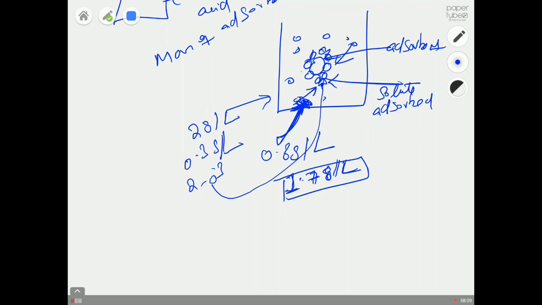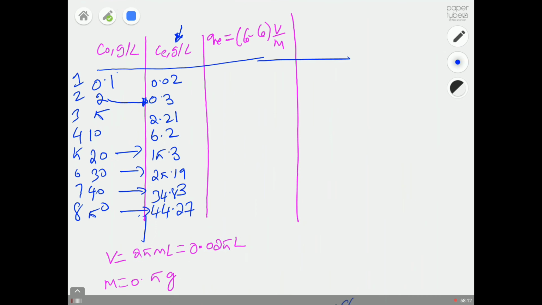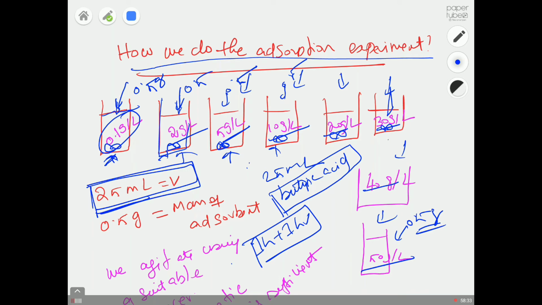Then what we need to calculate is the amount adsorbed. I didn't perform these experiments with 1 liter of solution; as I said already, we did all this experiment in 25 ml of solution. So to calculate how much mass of solute moved from the solution side to the solid side, you have to do a mass balance.